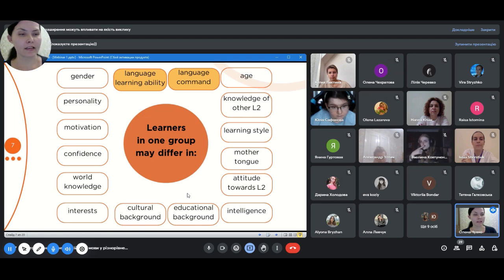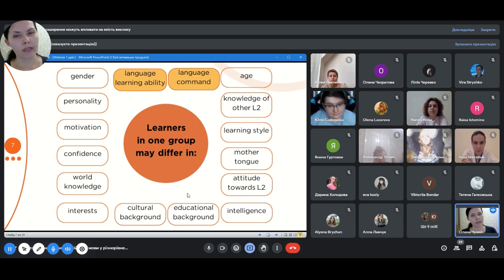And we can see two more characteristics that are in yellow: language learning ability and language command. So we can make a conclusion. If learners differ in one or many characteristics, such a group of learners can be called heterogeneous.